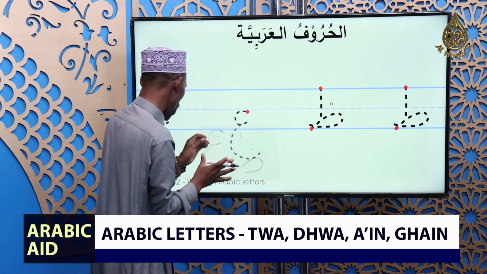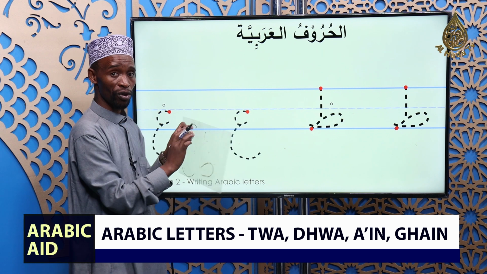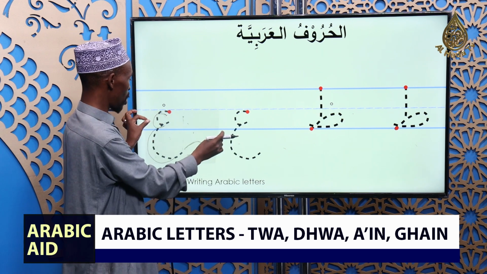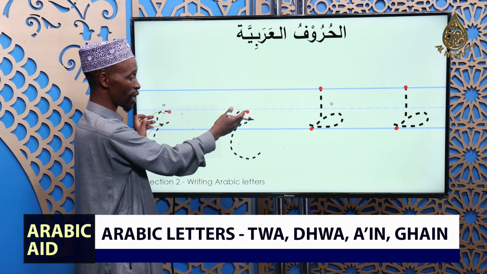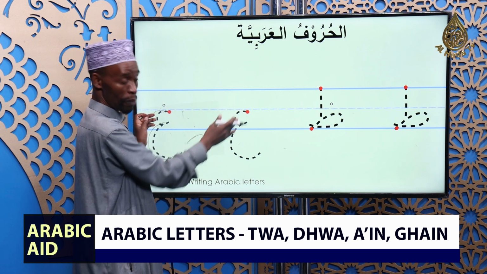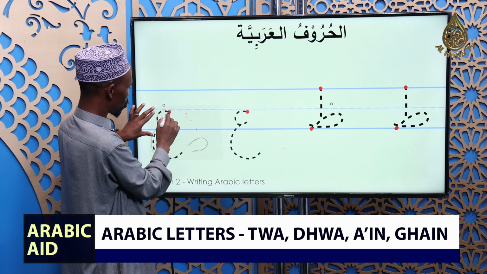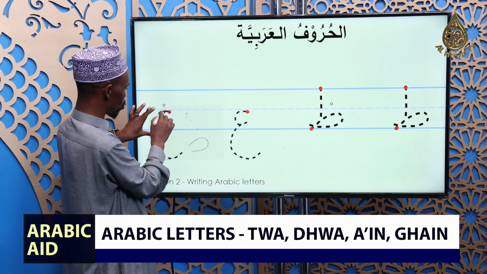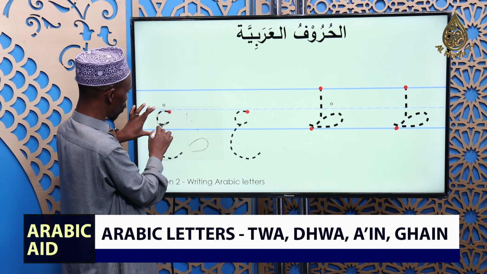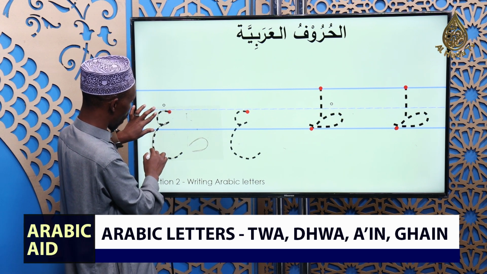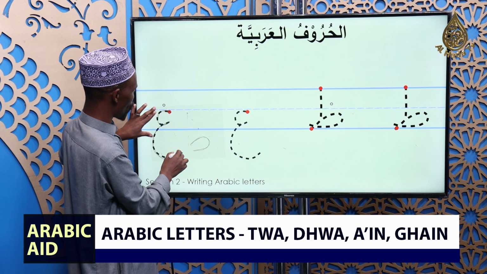As for letter Ghain, it is the same case. The same case applies when you're writing letter Ain. Letter Ghain has the same shape as letter Ain. So you put your tracing paper there, you start from this red marker there, you make a small curve, and then you join it with another big curve going down all the way up to there.